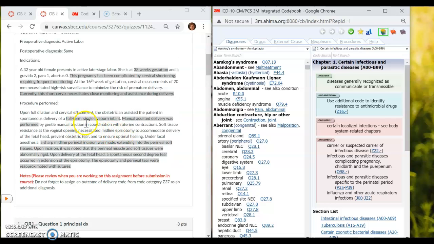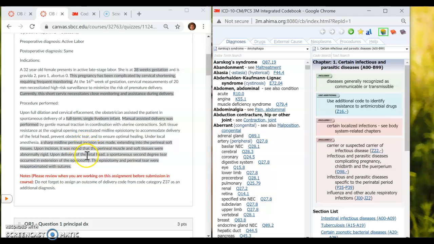Okay, so we do have full term, single live-born infant. Manual assisted delivery was performed. So we kind of go through here a couple of different things. We did do an episiotomy to prevent obstetric tear, but we did the incision.